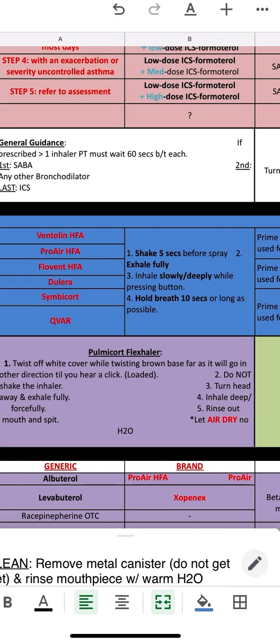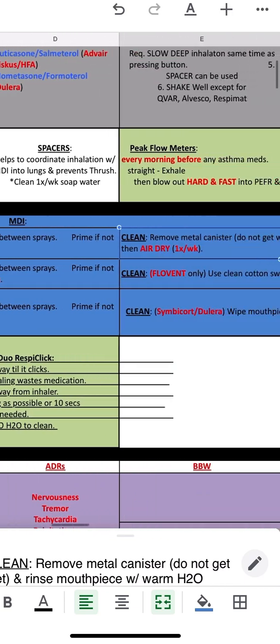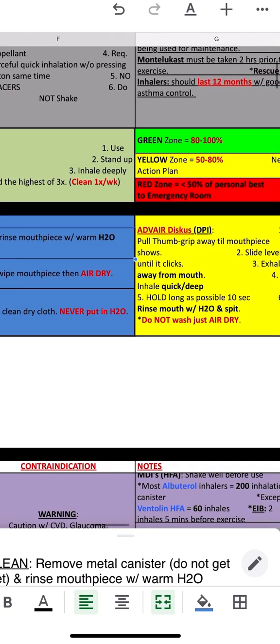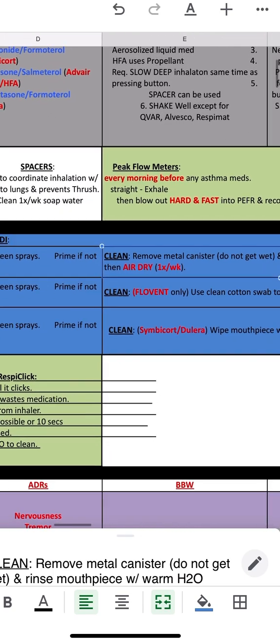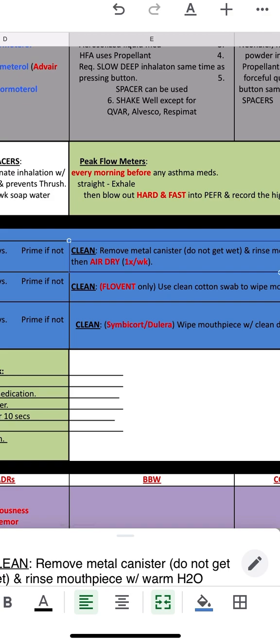So Ventolin and ProAir HFA, you only have to air dry them. You don't need to do anything else. You just have to air dry them and that's it. And you can do it once per week.